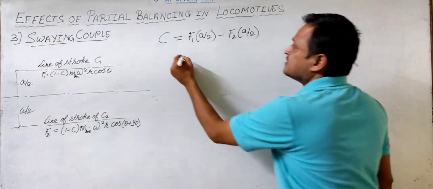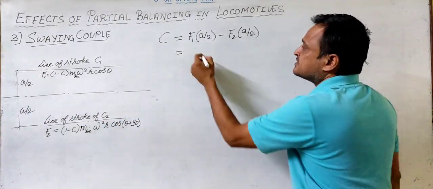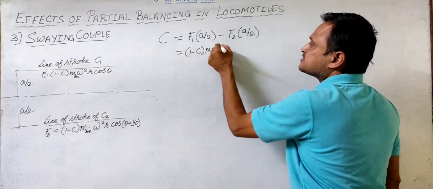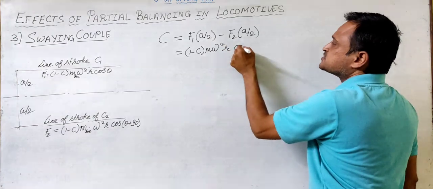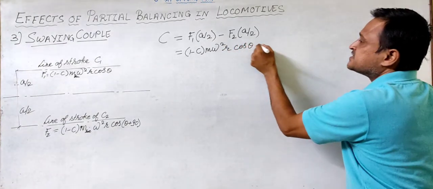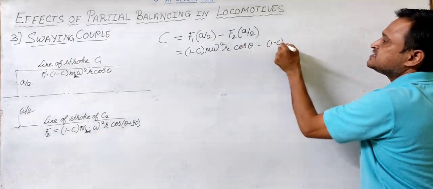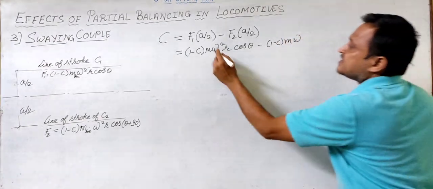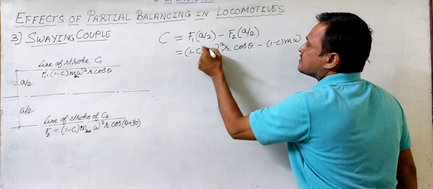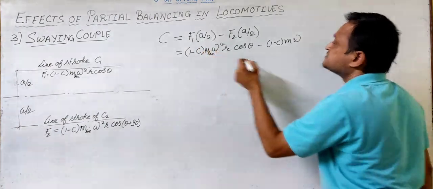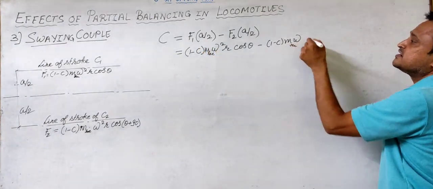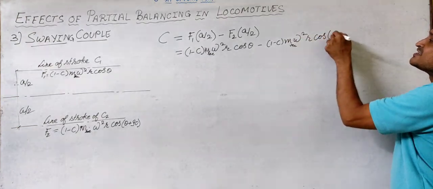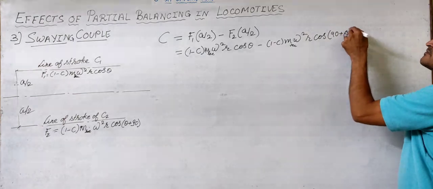So that is how we get the equation: (1 minus c) times m omega square r cos theta minus (1 minus c) times m reciprocating omega square r cos(90 plus theta).